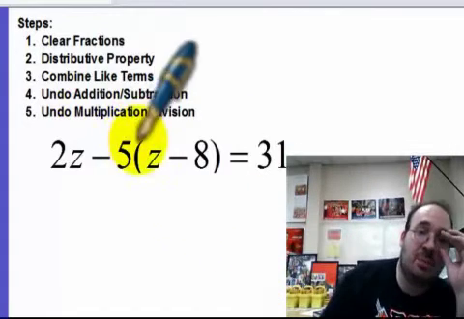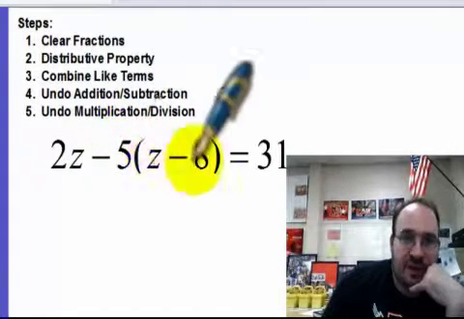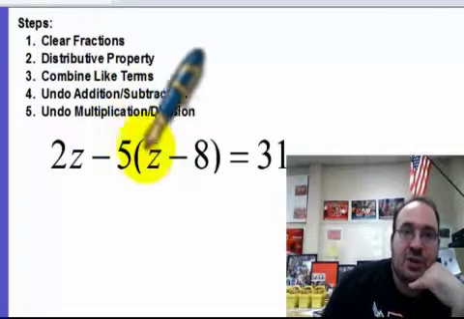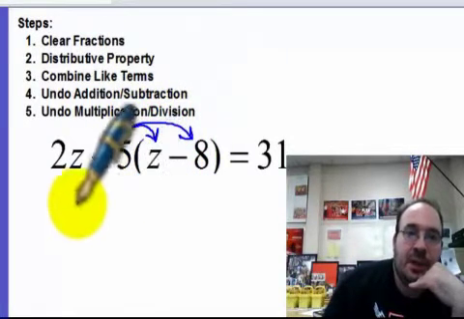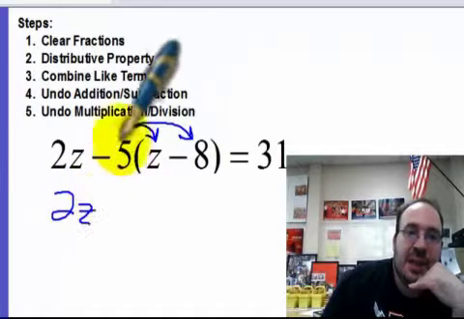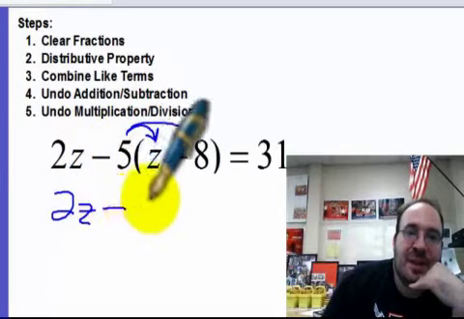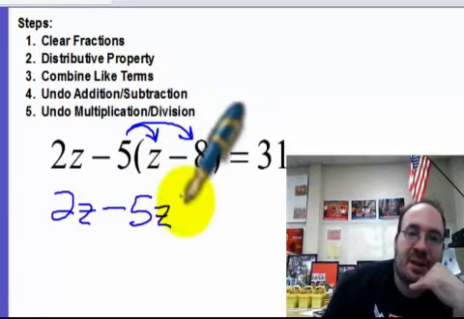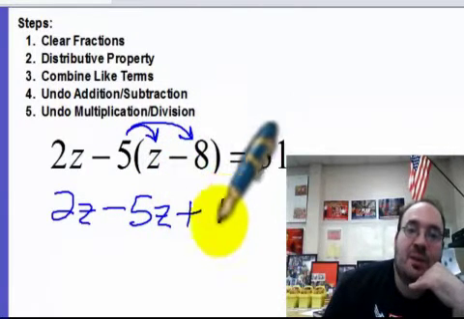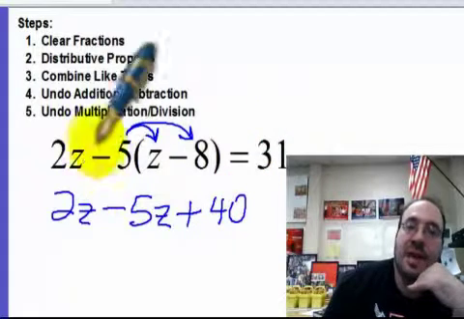As I look at this problem, I don't have any fractions or decimals, but I do see that I need to use the distributive property, so I will do that. I have 2z, and then negative 5 times z is negative 5z, and then negative 5 times negative 8 is positive 40. Bring this negative along with you.